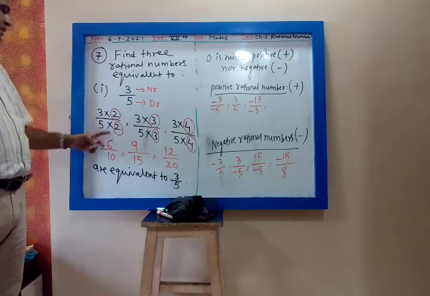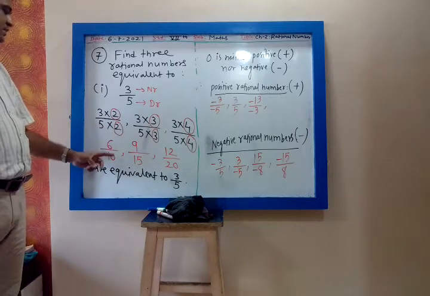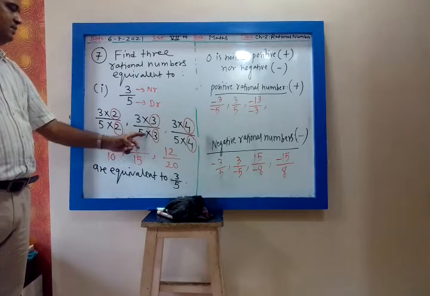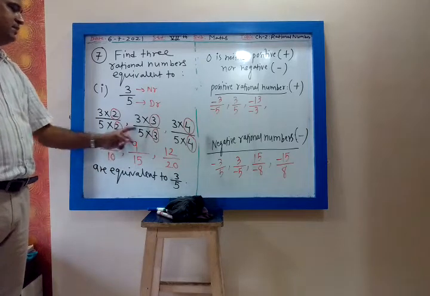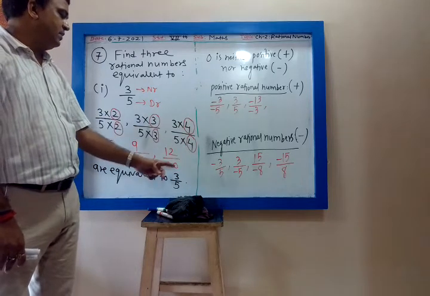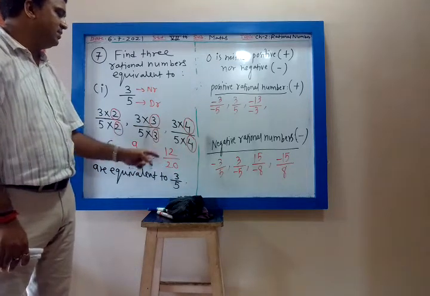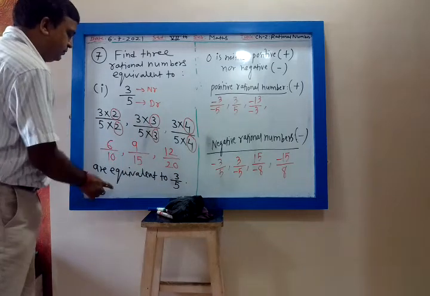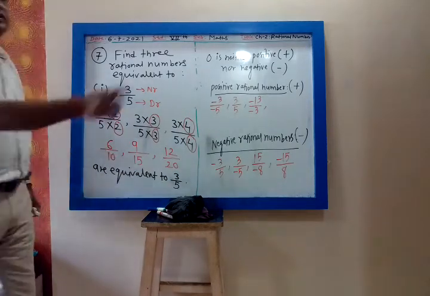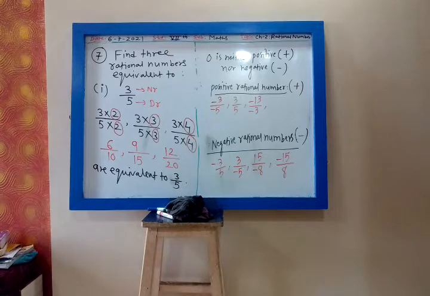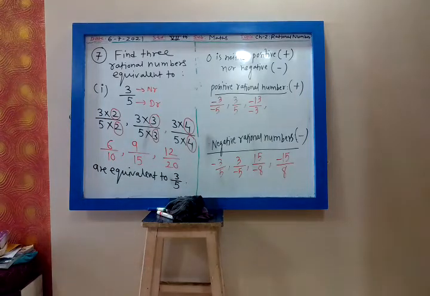So 3 2s are 6, 5 2s are 10, my first rational number. 3 3s are 9, 5 3s are 15, 9 upon 15 is my second. 3 into 4, 12, 5 4s are 20, 12 upon 20 is the third. These three rational numbers are equivalent to 3 upon 5. Okay.